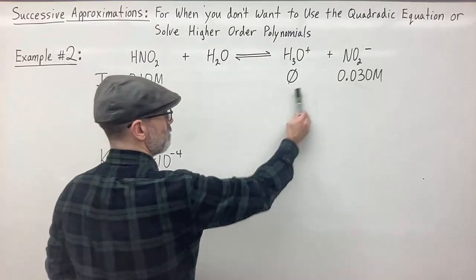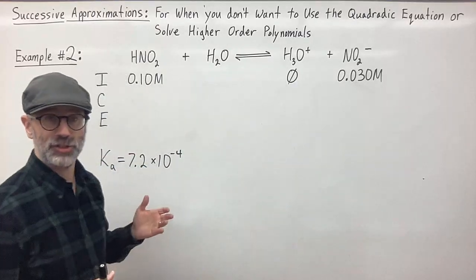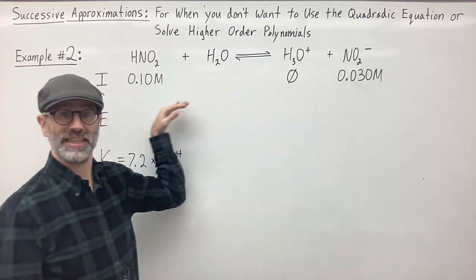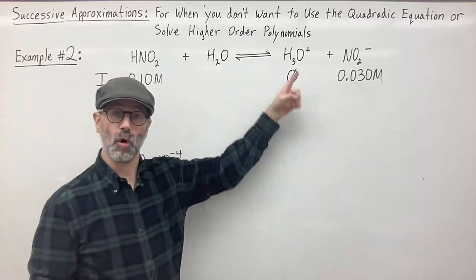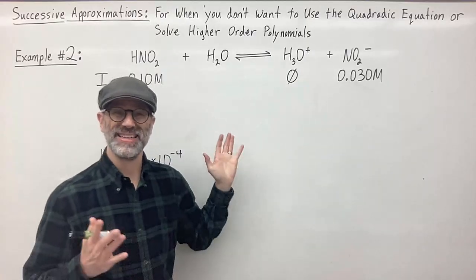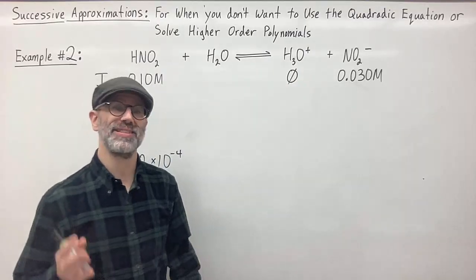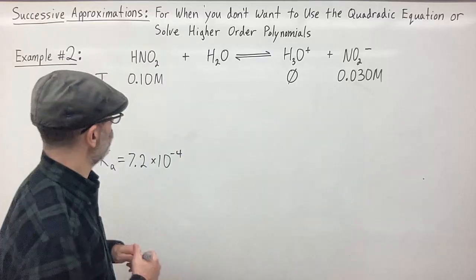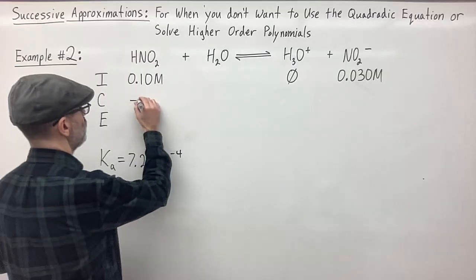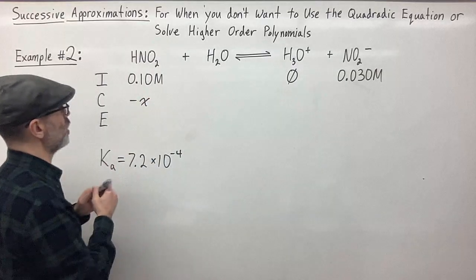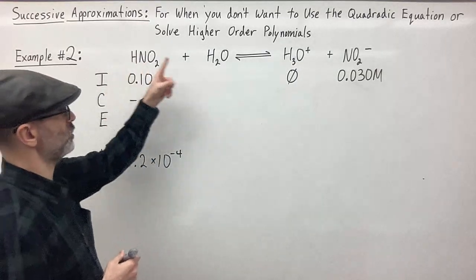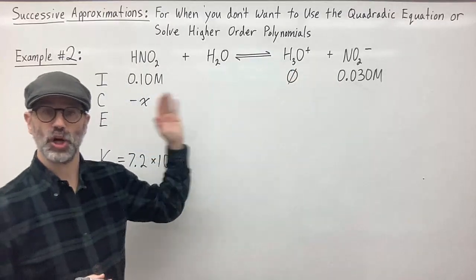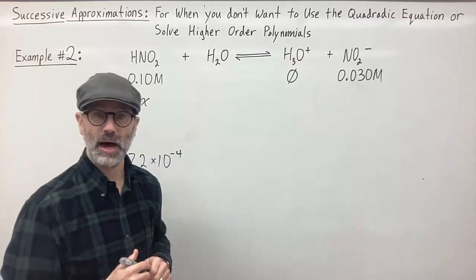So here I have 0 hydronium. Because it's 0, it's got to shift in this direction to create more hydronium, because we can't have 0 of any species at equilibrium. So we know it's going to shift this way. That means I'm going to lose an X amount here, because notice it's a 1:1:1 ratio for the stoichiometric amounts.